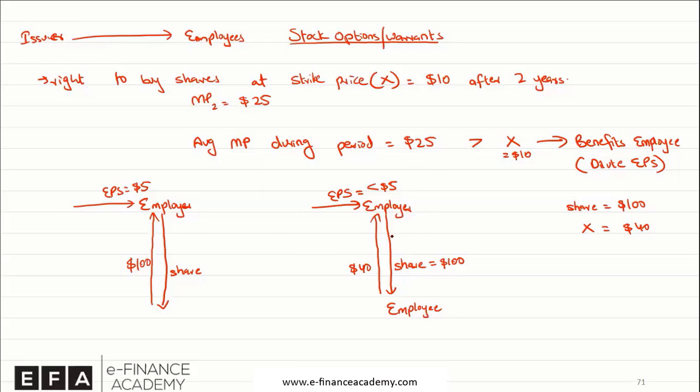So because of the stock options, whenever this scenario applies, where average market price during the period is greater than exercise price, the stock options will always be dilutive because the employer receives lower money, and lower investment means lower earnings per share. So having understood the idea, we can now look at how to calculate the diluted EPS using a method called the treasury stock method.